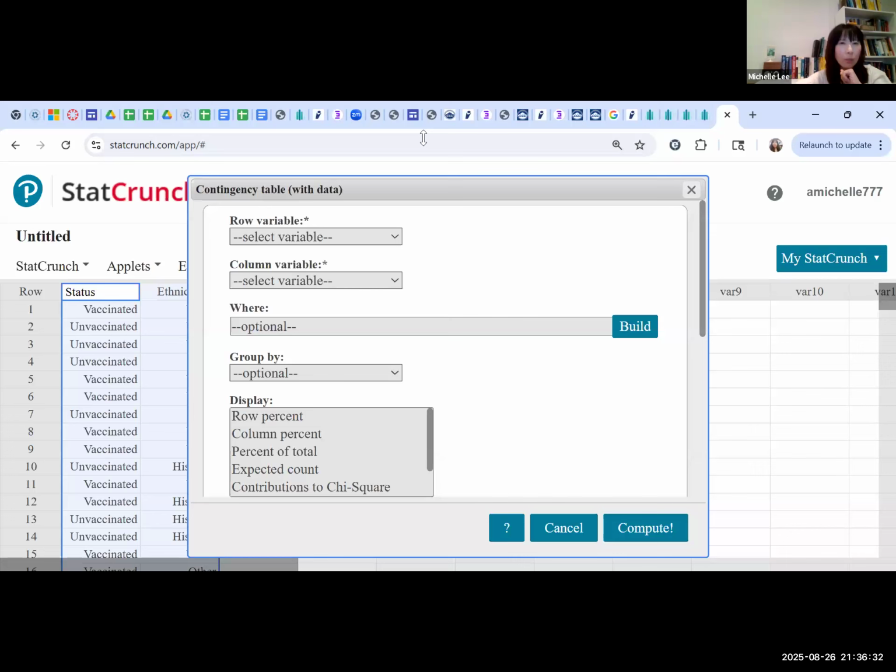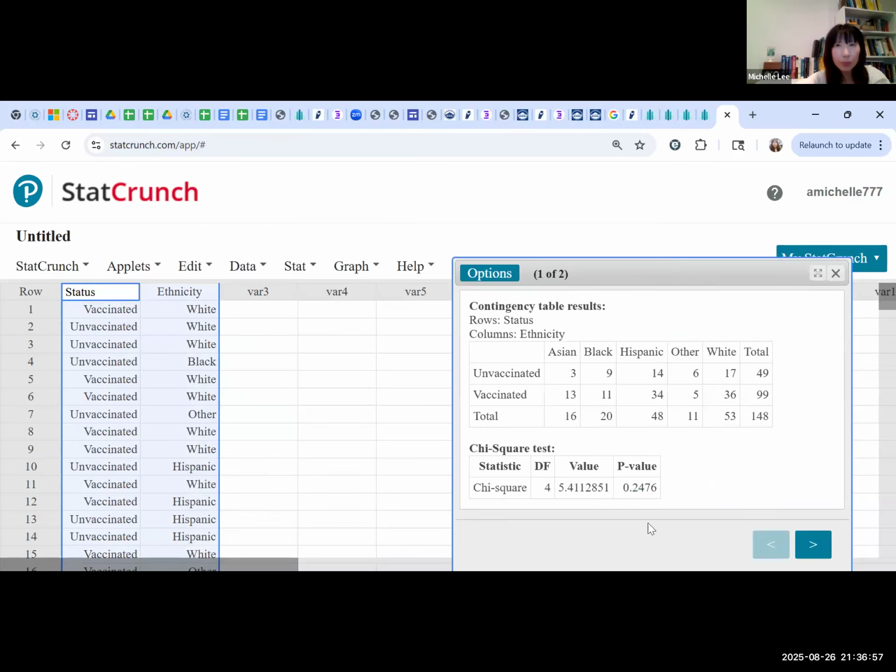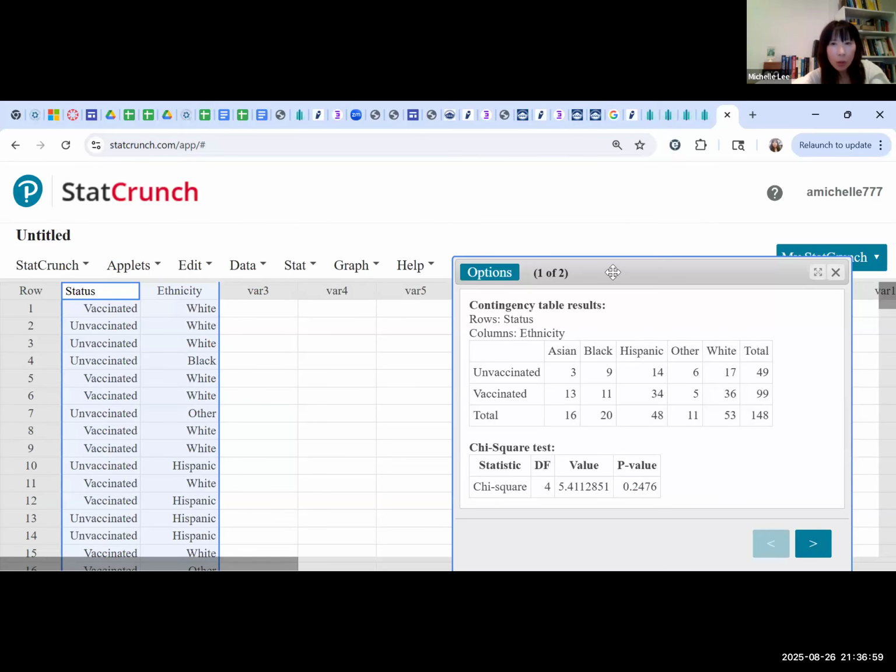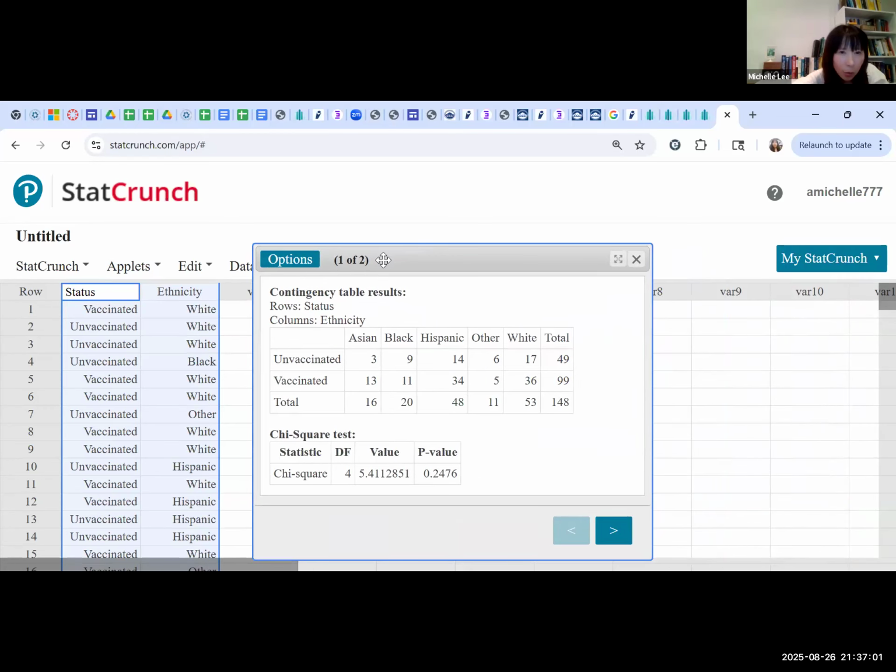Let's make the column status and then the column ethnicity. So basically, first one for first, second one for second. Okay. Then just compute. Okay, this is what we create.